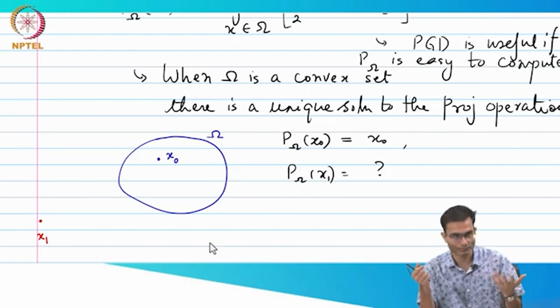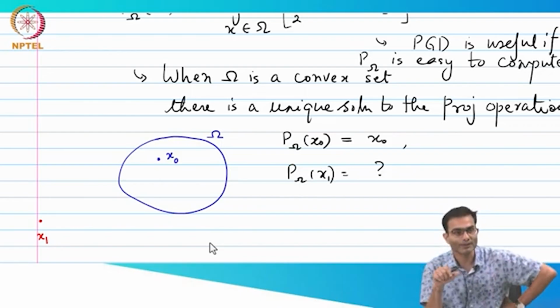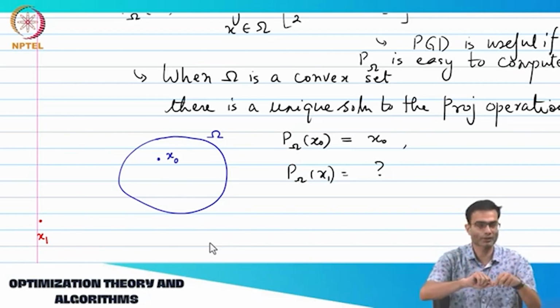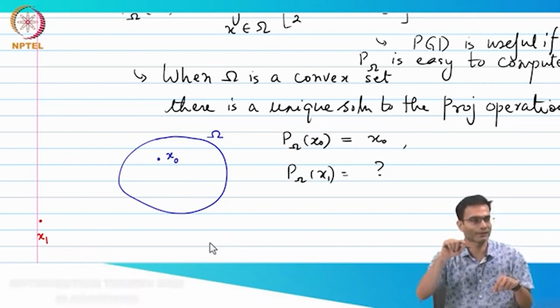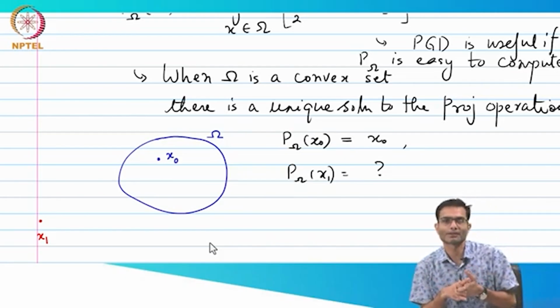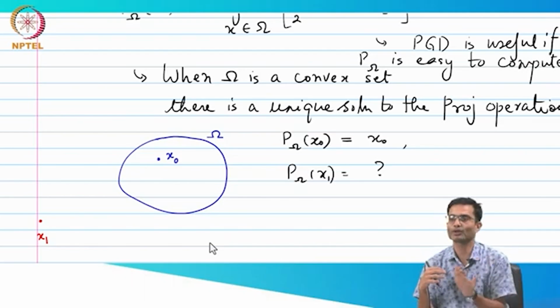Okay, that is correct. How would I construct it? Would I just keep drawing, take a ruler and draw lines from x1 until I find a line that is cutting the boundary at 90 degrees, or is there a smarter way of doing it? Exactly, I want the smallest distance.